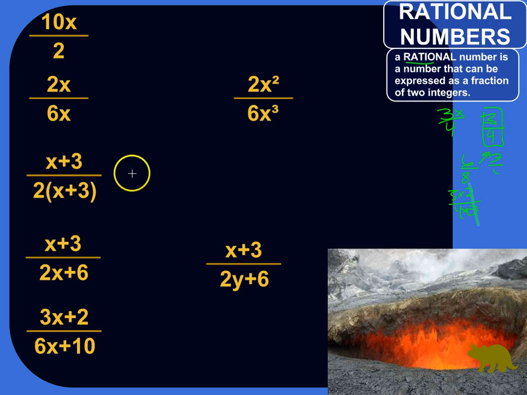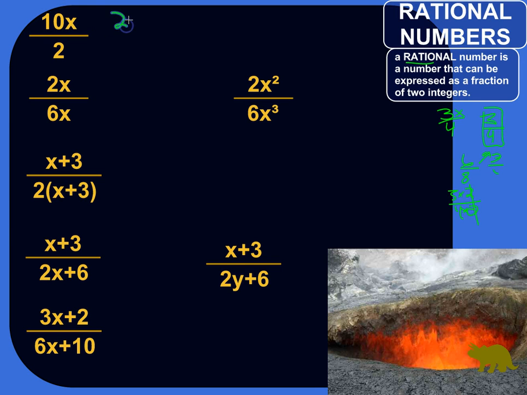So this is what we're going to do, but we're going to do it when there's variables in the rational expression. So it looks weird, but it's not really. It works the same way. So let's start with a pretty simple one, 10x over 2. Let's rewrite this as the product of its factors, meaning how can I split up this 10?